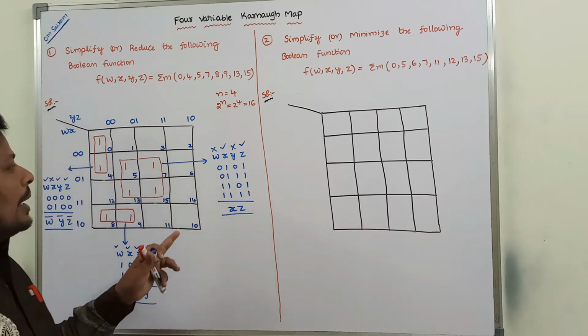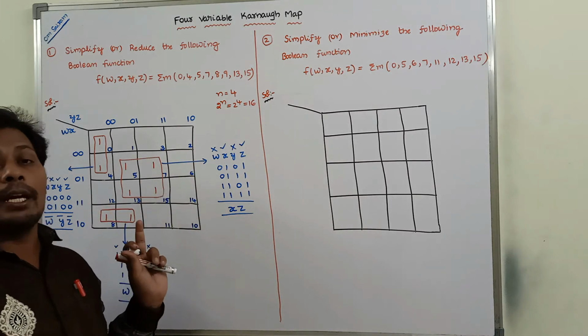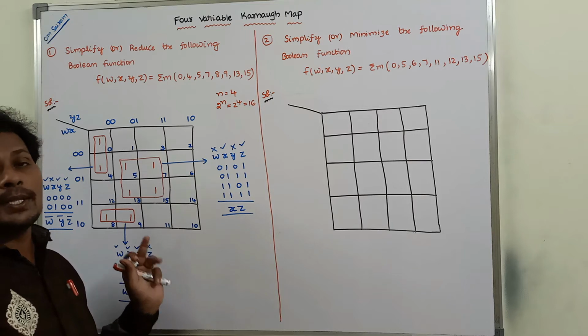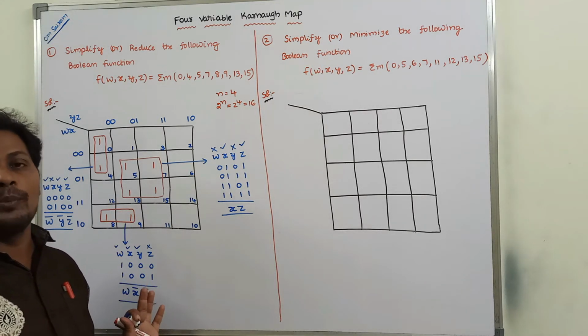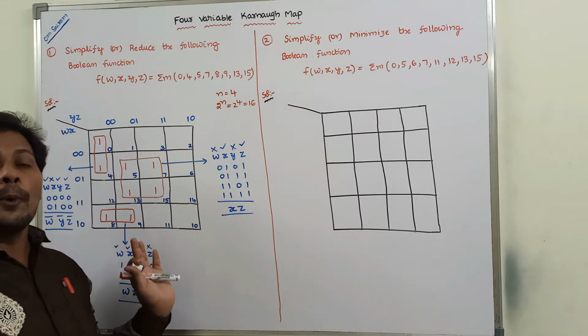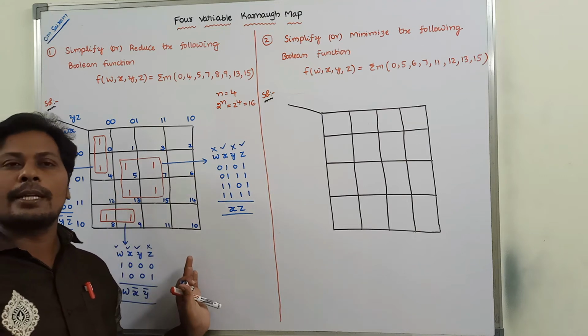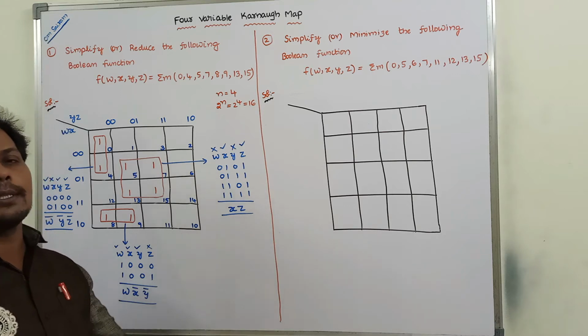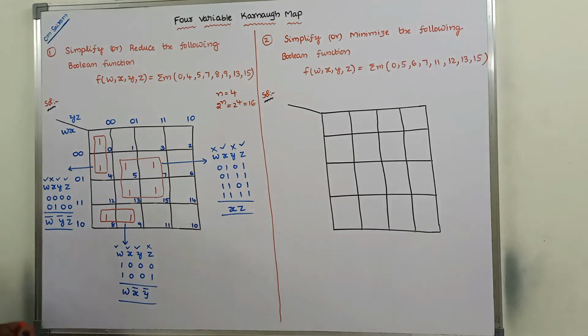Okay. So observe each and every column. If any column contains a combination of zeros and ones, we ignore that column. If any column contains only zeros, we consider that column. If any column contains only ones, we consider that column. So therefore, what is the minimal expression we are getting?